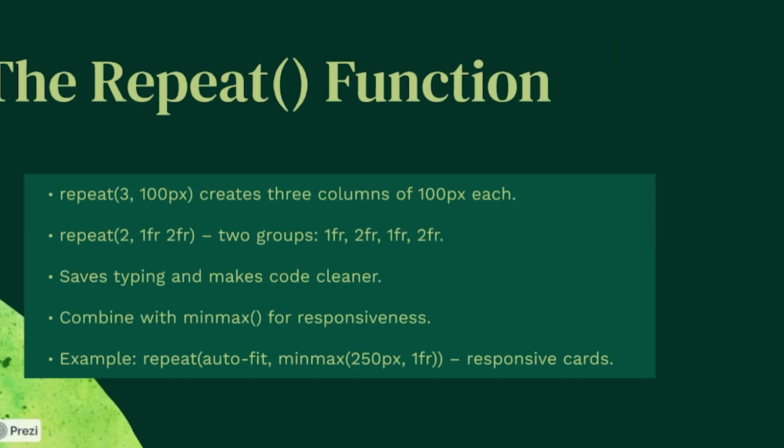When working with grid, we often create columns of the same size. Instead of writing the same value multiple times, we can use the repeat function. For example, repeat 3 times with 100 pixels creates 3 equal columns. This makes code shorter, clearer, and easier to maintain.